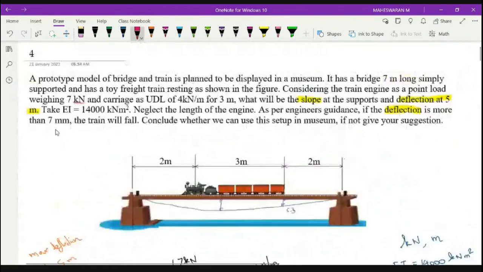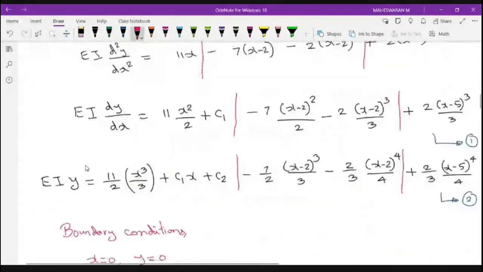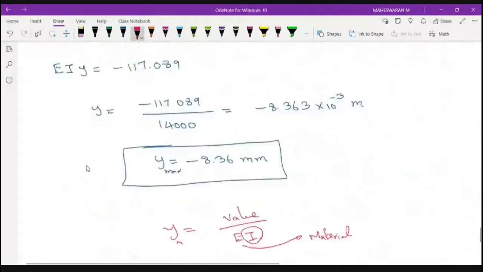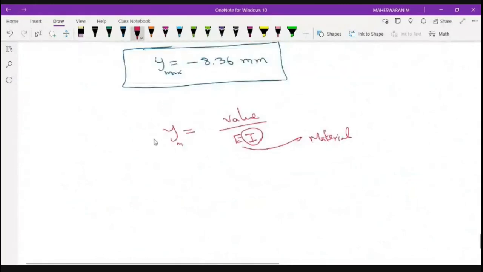Okay, so my y is minus 7. Okay, this is equal to, you know that when I increase my value of I, what happens? Your deflection will decrease or increase? Your deflection will decrease.